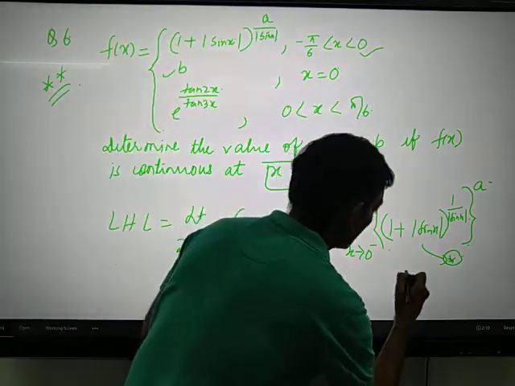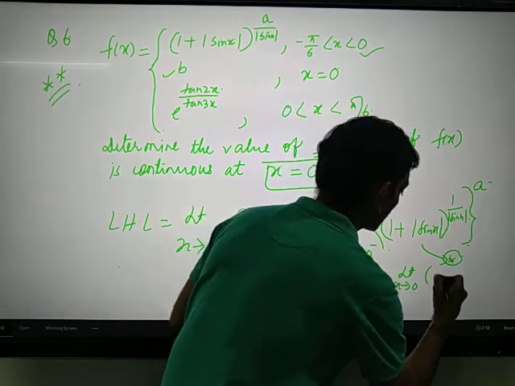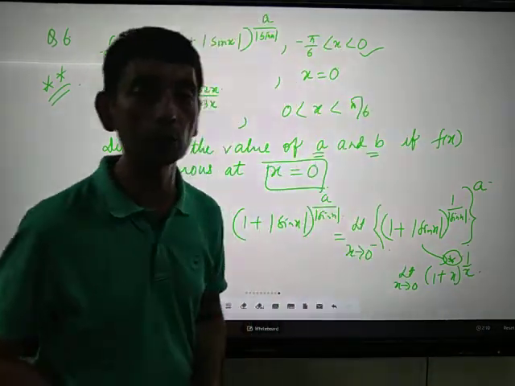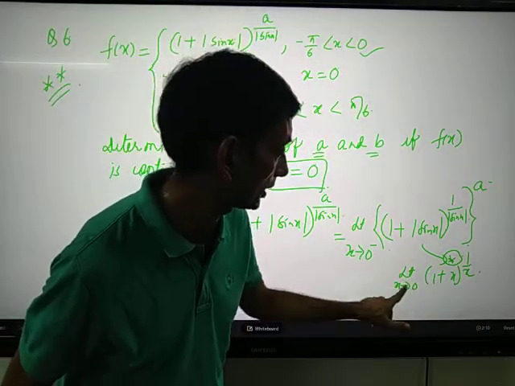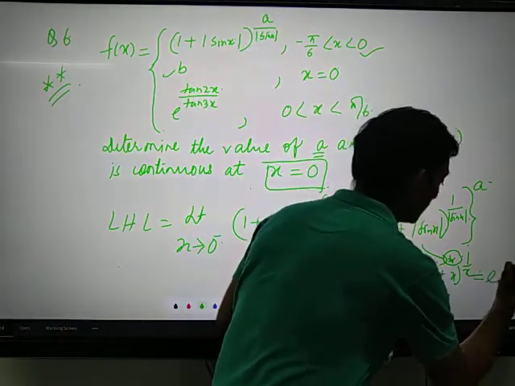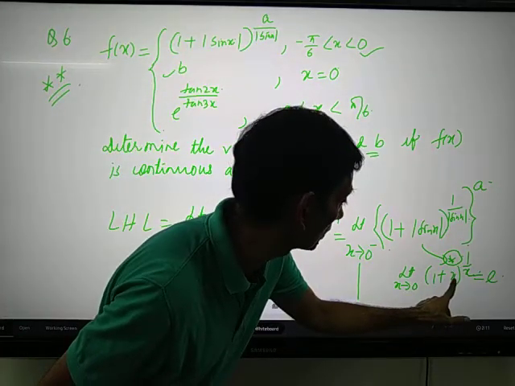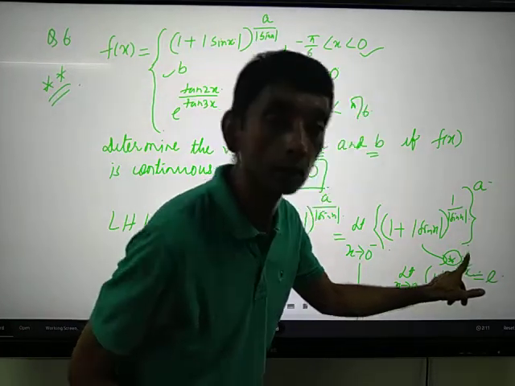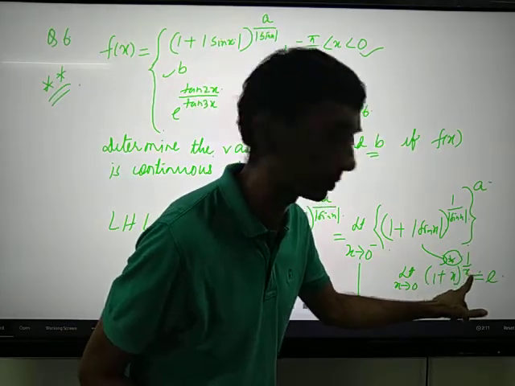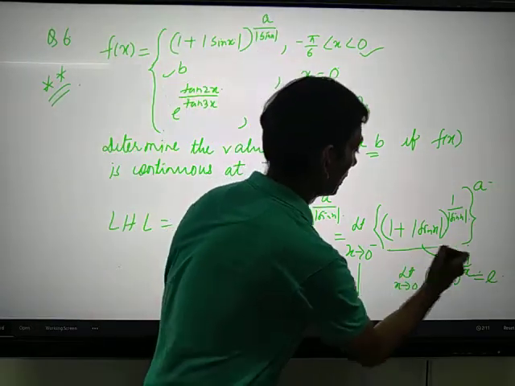We know that limit x tends to 0, 1 plus x to the power 1 by x is equal to e. If the second term approaches 0 and the exponent is in 1 by x form, where x approaches 0, then this value is equal to e. So we can use this formula in this place.